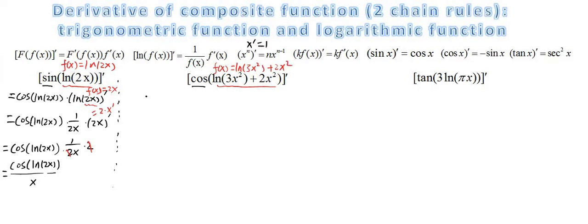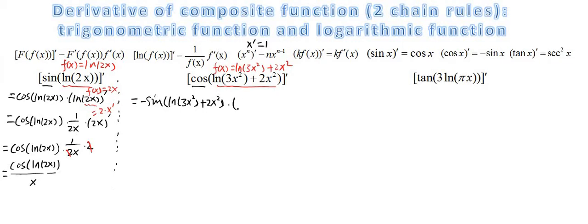And then we can apply this formula. The derivative of capital F, the derivative of cosine, is gonna be a negative sine, okay, times f(x). So f(x) should be ln 3x squared plus 2x squared, times the derivative of little f(x).